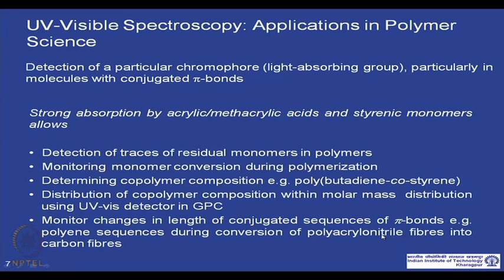And of course, the more the conjugation of pi bonds, the higher the absorption. So, by following the conjugated sequence of pi bonds, we can follow the conversion of polyacrylonitrile fiber into carbon fiber. So, these are some of the examples of UV visible spectroscopy in polymers.